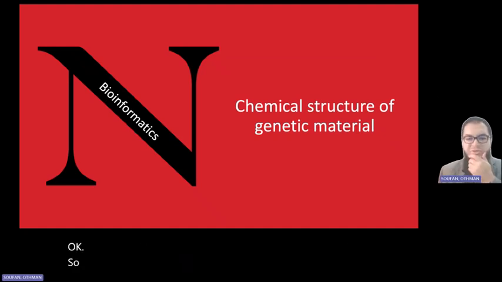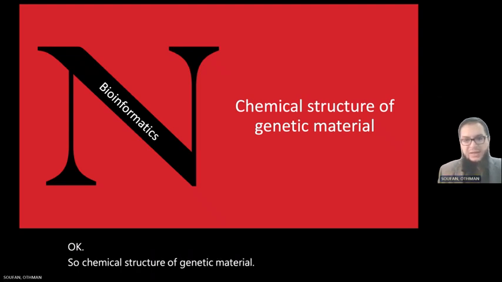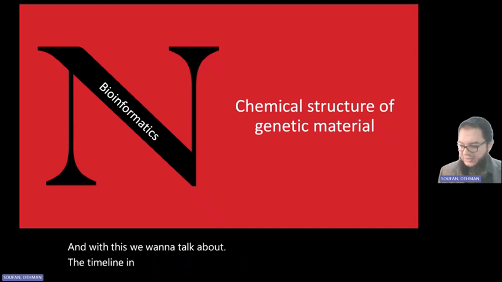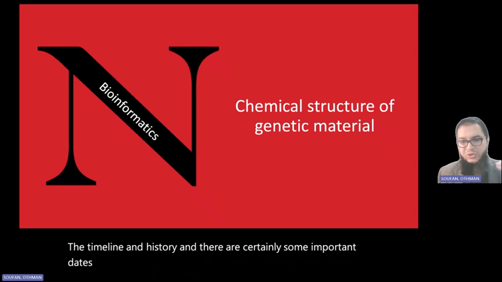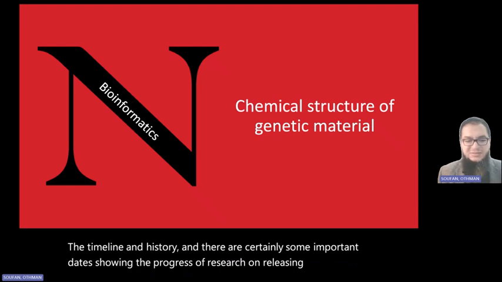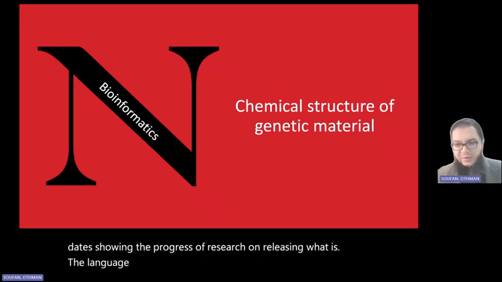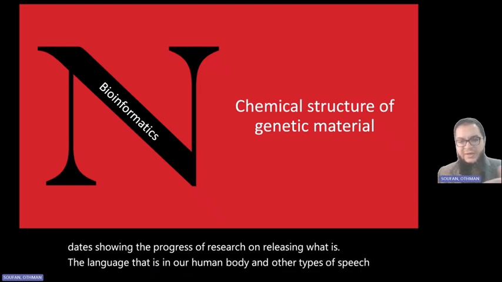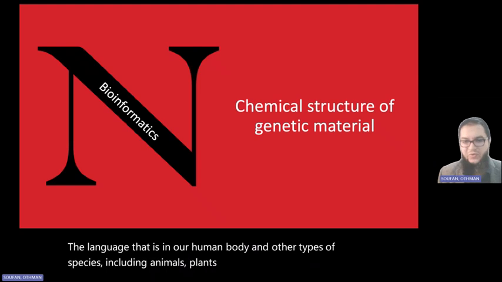So, chemical structure of genetic material. And with this, we want to talk about the timeline in history. There are certainly some important dates showing the progress of research on revealing what is the language that is in our human body and other types of species, including animals, plants, and so on and so forth. What is that molecule of life?